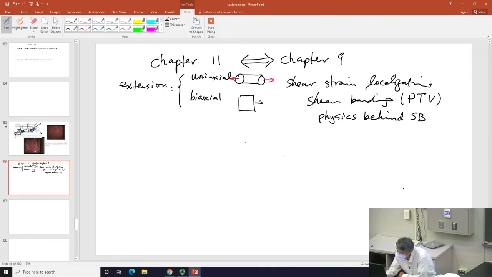basically imagining stretching in both directions such that the area increase eventually leads to a decrease in the thickness. So that's biaxial. There are industrial machines for making the product, or also in lab scale.